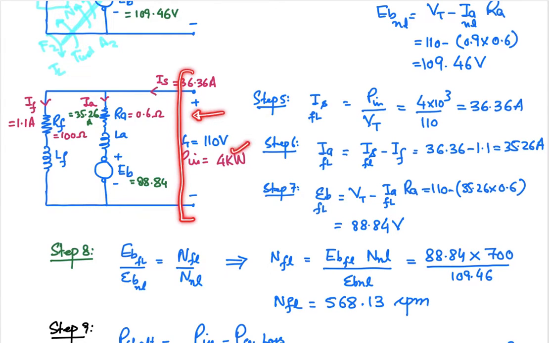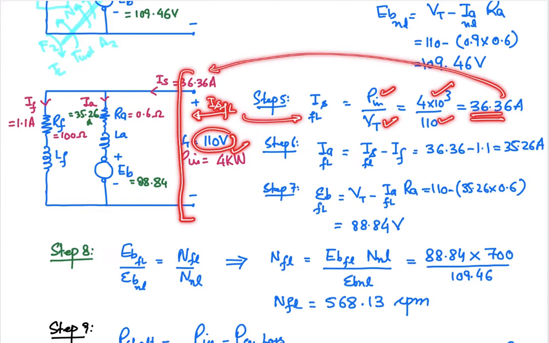We know that the input power is 4 kilowatt and the voltage is 110 volts, so we can determine the supply current at the full load, and that is given by this equation, P in divided by the terminal voltage. So 4 kilowatt divided by 110 volts, so the new source current will be 36.36 ampere.